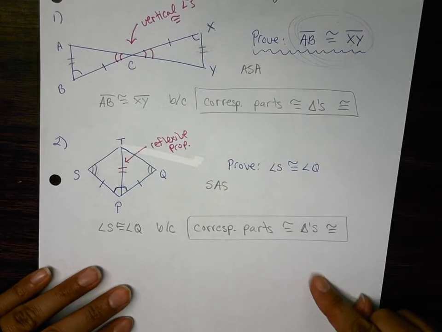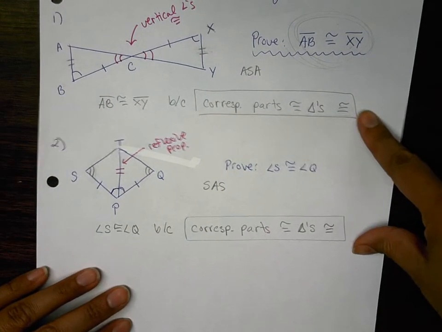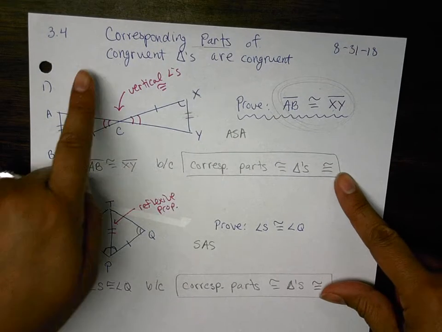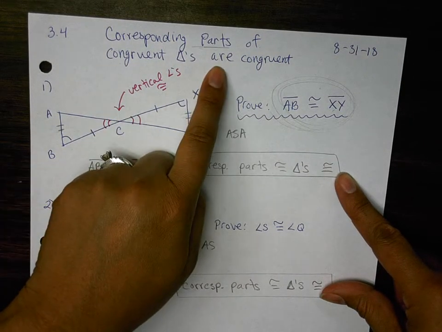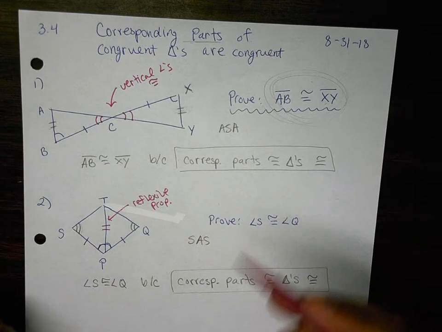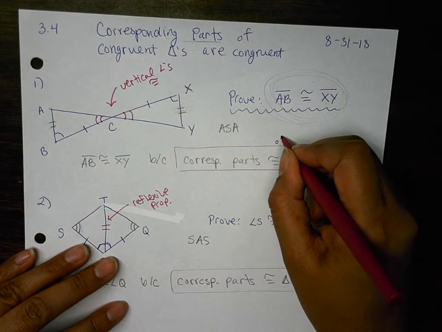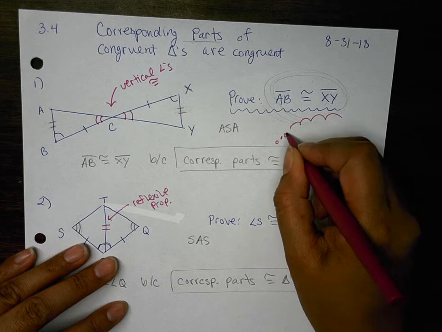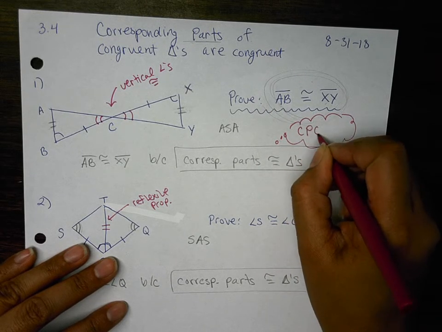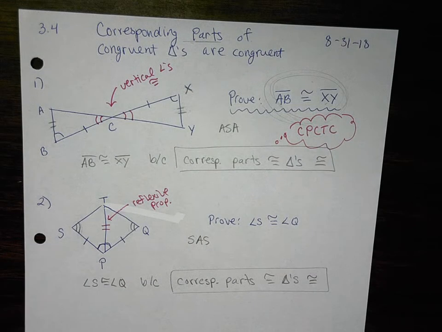Again, this is a piece that we're going to use over and over. Now, on the test, this is about as shorthand as I will accept. If you don't like the shorthand, could you write it all out like this? Yes. Now, I just want to give you a heads up that something you will see, not you might, you will see on a quiz or a test or a worksheet is CPCTC.